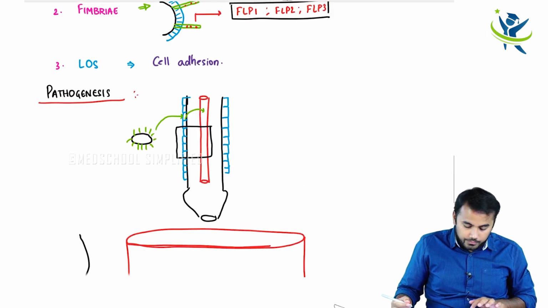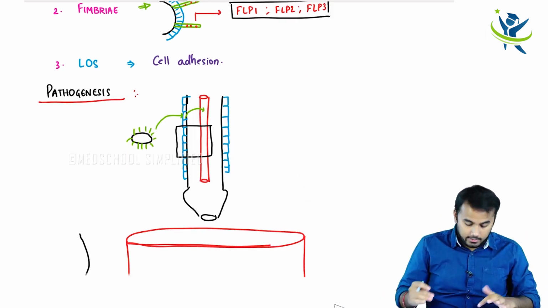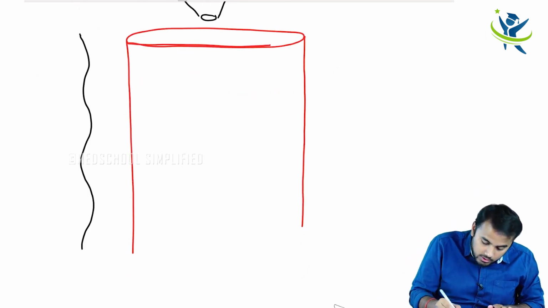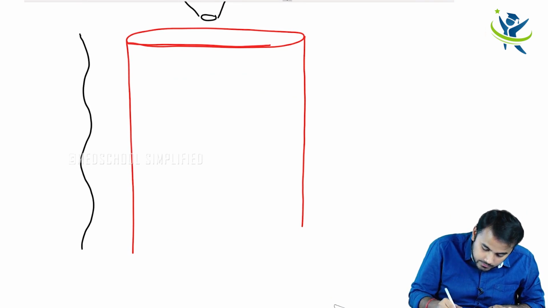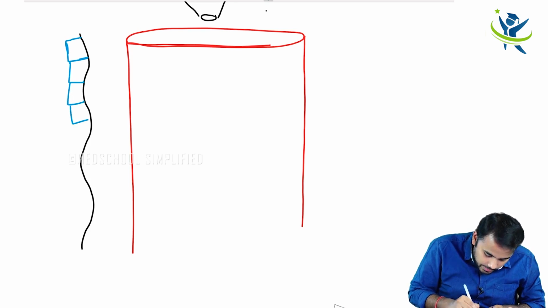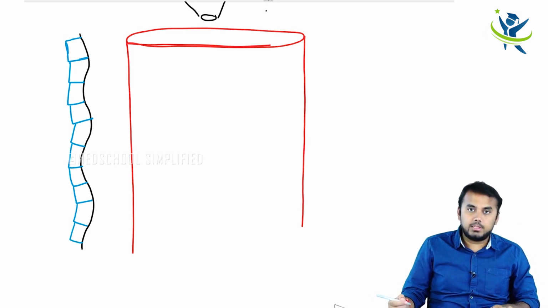Look here now, blood vessel in the center, on the lateral sides you have the skin. Now surrounding the skin, what should I draw, guys? Obviously I have to draw the epithelial cells. So these are the epithelial cells like this.